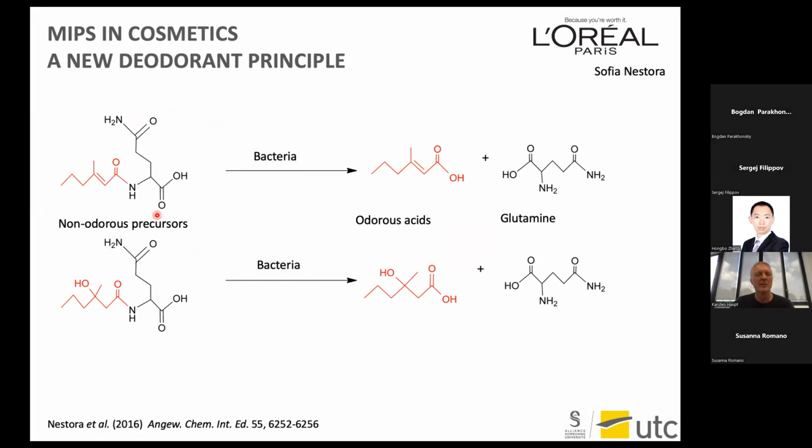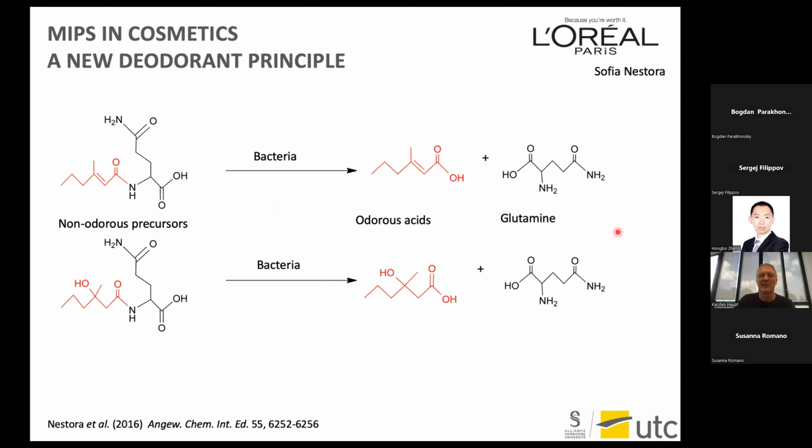This is an amino acid, asparagine, and then it is conjugated to odorous short-chain fatty acids. These molecules are secreted by our skin through the sweat, and the bacteria on our skin eat it and they liberate these odorous acids, and this is how the smell, the body odor, appears.